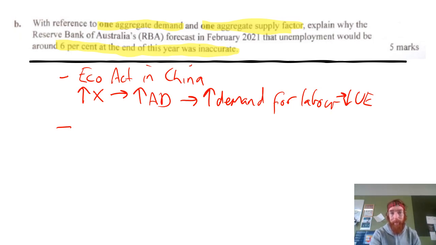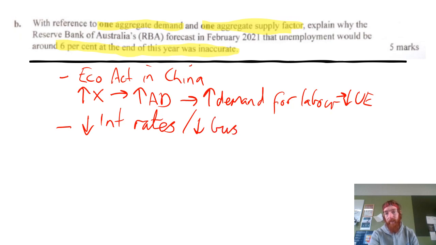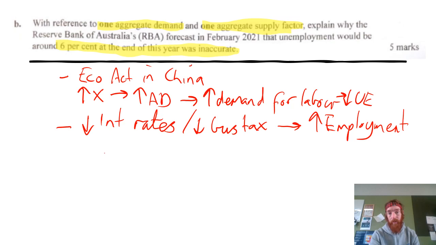But you could go with things as simple as the low interest rates, or decreased business tax, and talk about how those motivated businesses to invest and expand and created more demand for labor, and therefore led to higher rates of employment, and that led us to having a rate of unemployment that is lower. So it led to unemployment lower than 6%.